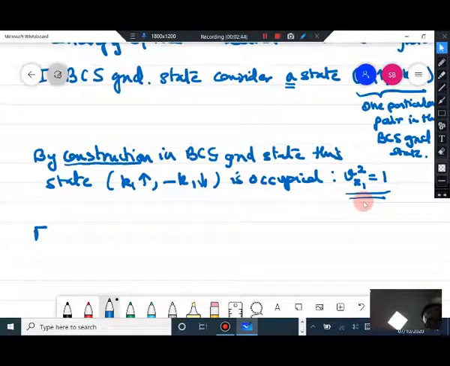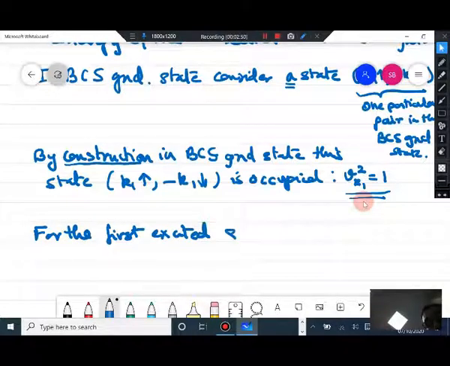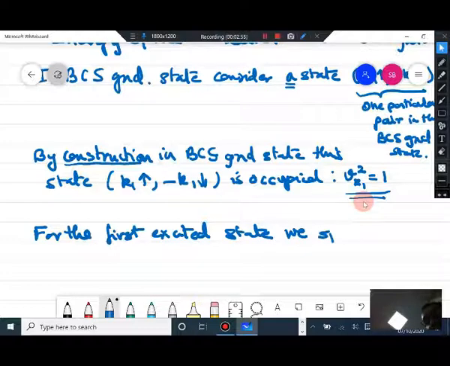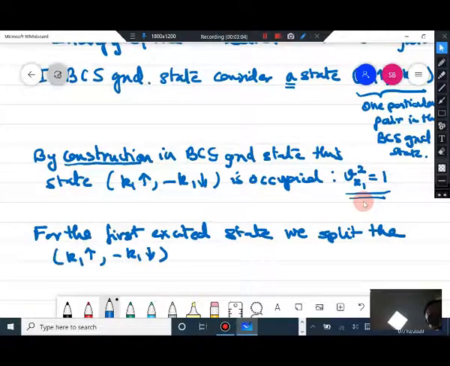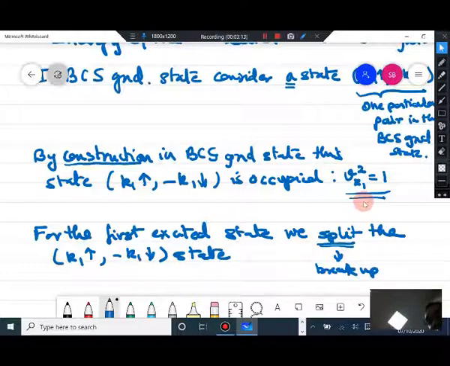Now, for the first excited state, we split the k1 up minus k1 down state. We break up the pair.